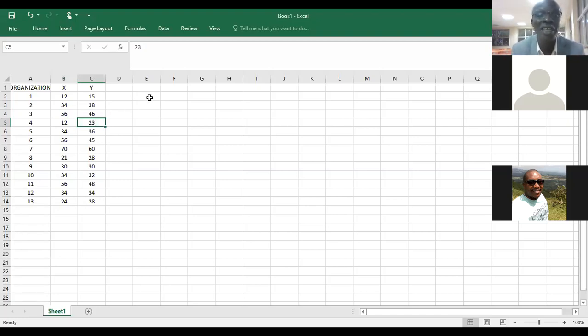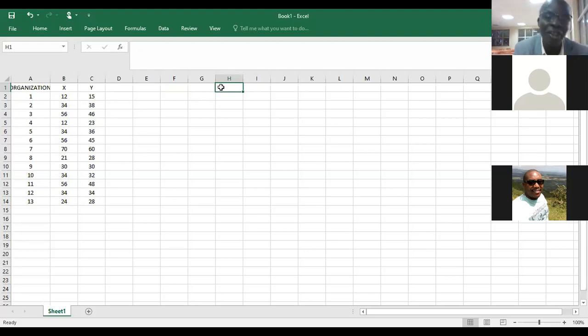Or alternatively, you go to these organizations and ask them to rate the level of their advertisement costs on a scale of 1 to 5, where 1 is too low, 2 is low, 3 is average, 4 is high, 5 is very high.